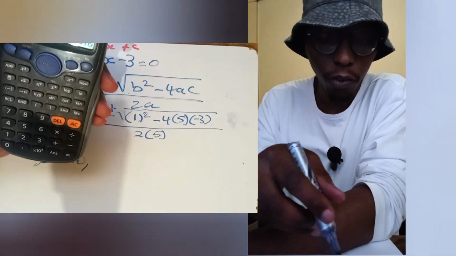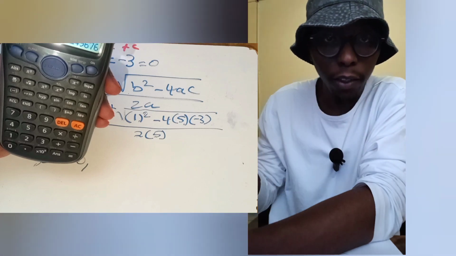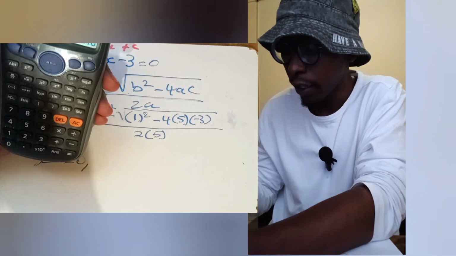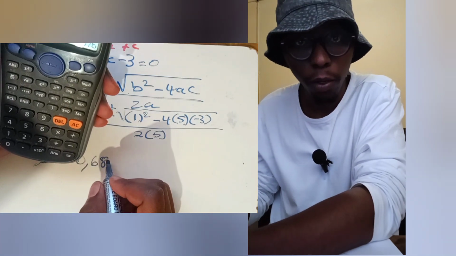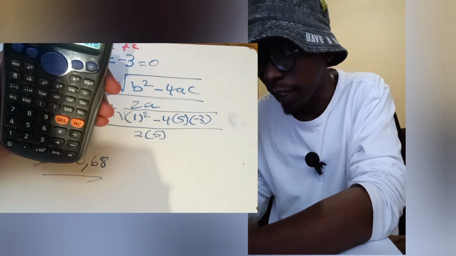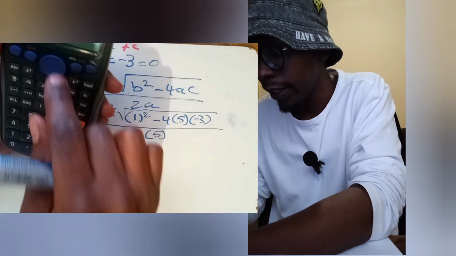So now it's correct to do decimal places. Here you don't just write two decimal places, you must round off properly, correct? So after the 8 is a 1. Is the 1 powerful enough to change the 8? No. So it's 0,68, or then I go for my negative answer now.